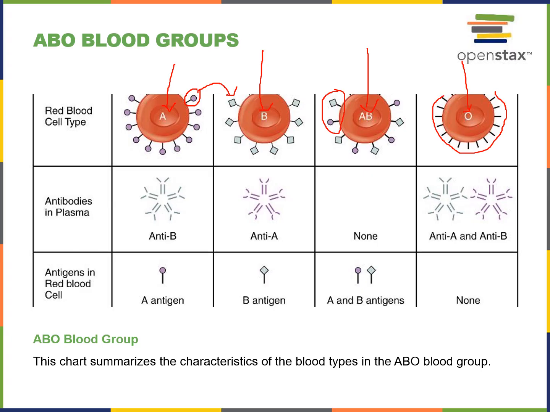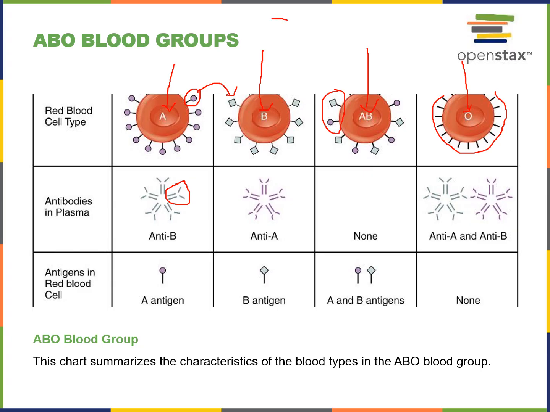So antibodies, let me explain this because I just told you that an antibody is a Y-shaped protein. In this image, they chose to show you an antibody that's called IgM.